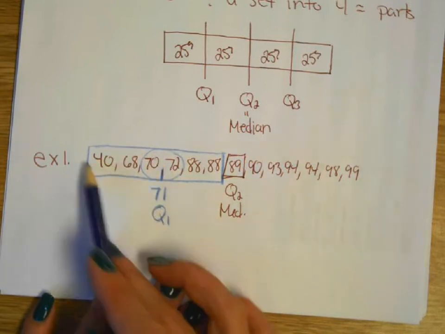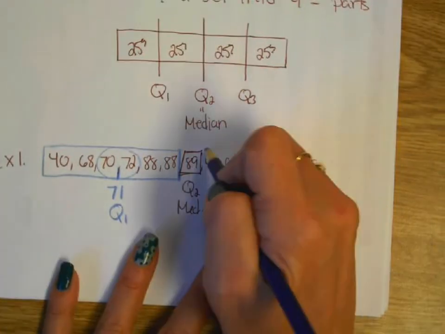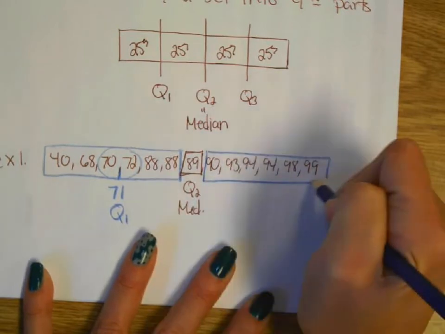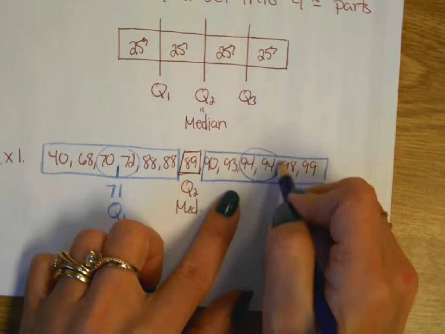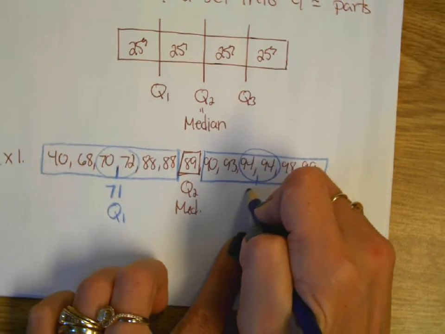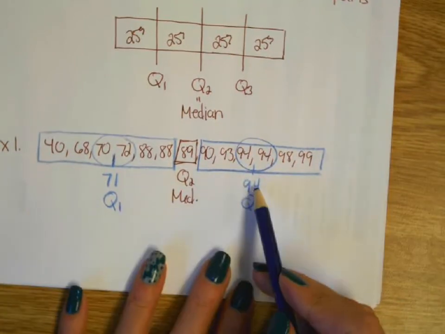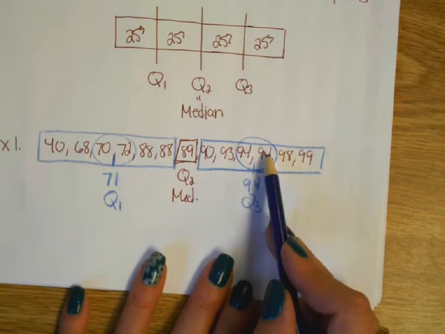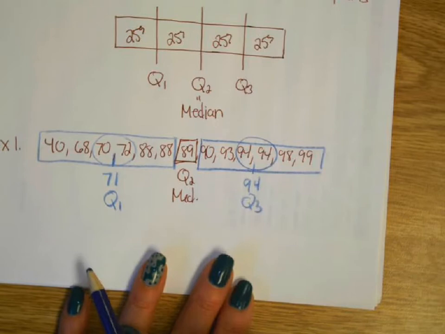We don't have a 71, so exactly 3 are below. And then to find quartile 3, you take this upper half, not including quartile 2, and you find the middle here, and it will be the average of these two, which is a 94. So about 75% of your scores are at or below 94. And you can see that about because it's being included in both this quartile and this quartile here.